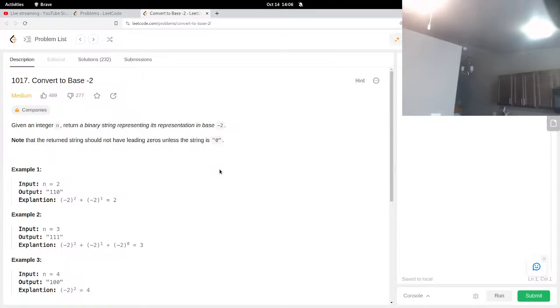And now we have this 2 times negative 2 squared, which is equivalent to 2 cubed, which can be rewritten as negative 2 to the 4th plus negative 2 cubed. So now we have negative 2 to the fourth plus negative 2 cubed plus 0 times negative 2 squared, which disappears altogether, plus negative 2 to the first plus negative 2 to the 0, which gives us 1, 1, 0, 1, 1. Right? 7 can be converted that way.